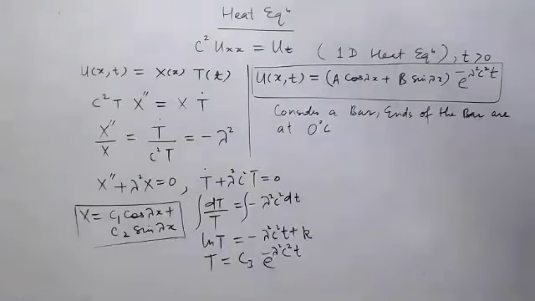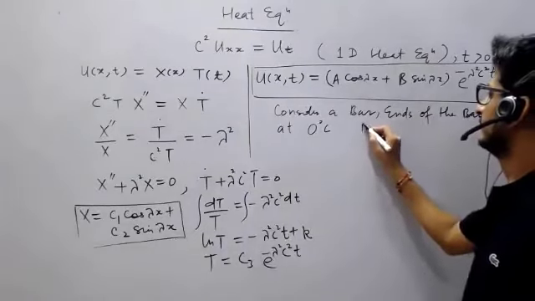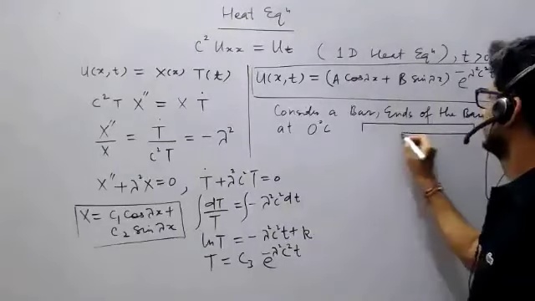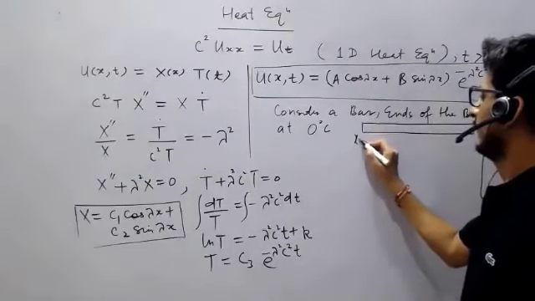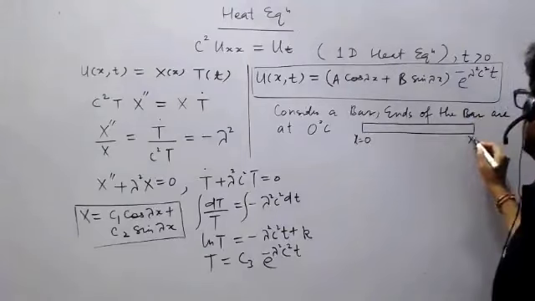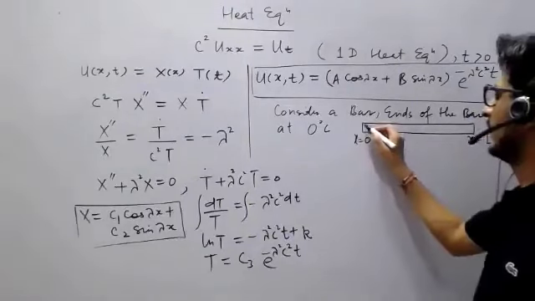The ends of the bar are at 0 degrees Celsius. So it is something like this. X is equal to 0. X is equal to L.